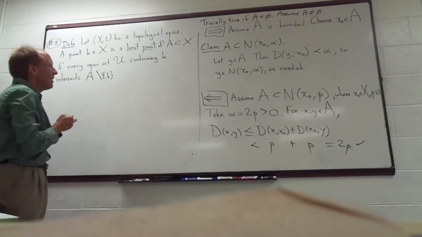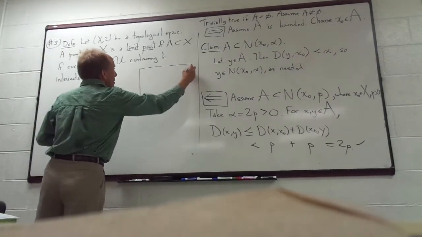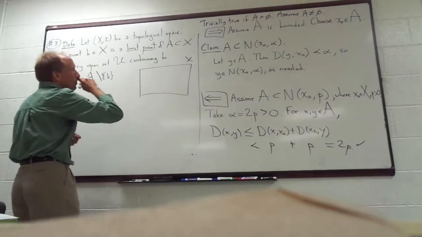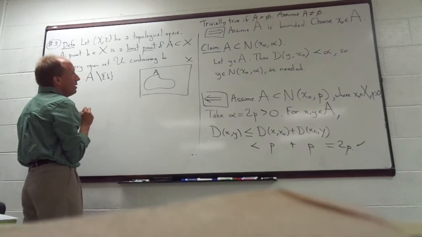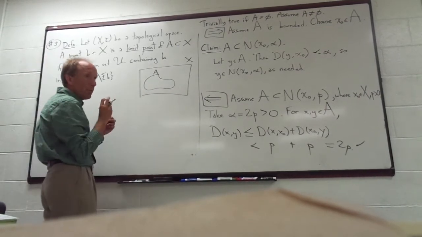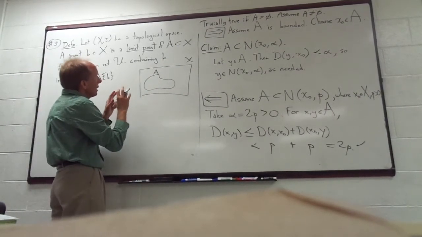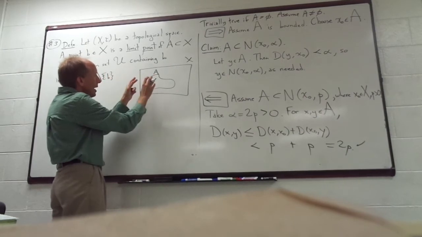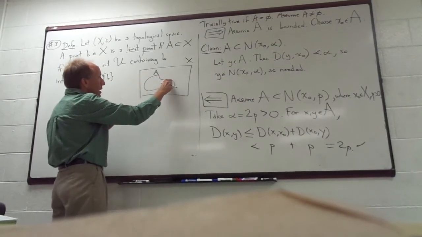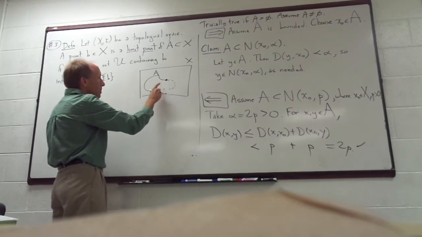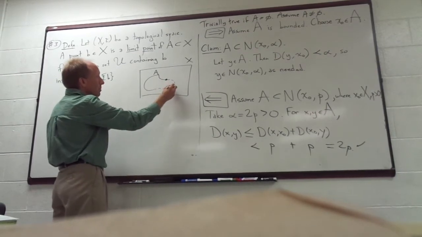Let's see if we understand it. So here's capital X again, and then we have our subset A somewhere here. A limit point is going to be a point that's either inside of A or right on the edge of A, and you might even have a dotted boundary, and that's okay.